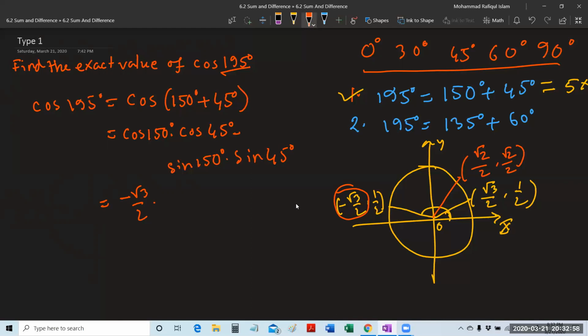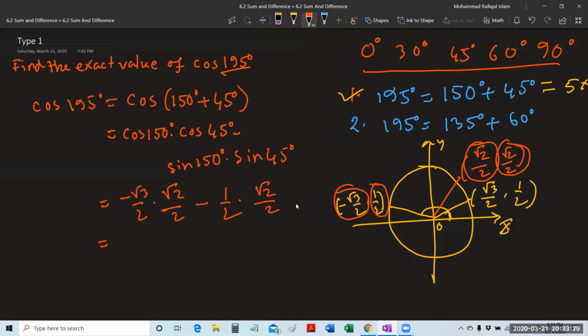The value of cosine 45 degrees would be root 2 over 2, minus sine 150 degrees is 1/2, the second portion of the ordered pair, and sine 45 degrees is root 2 over 2.